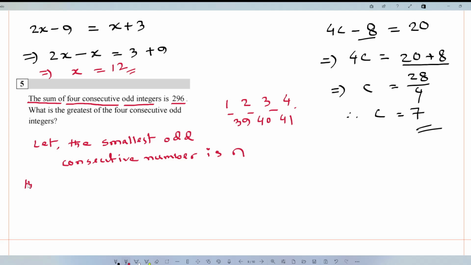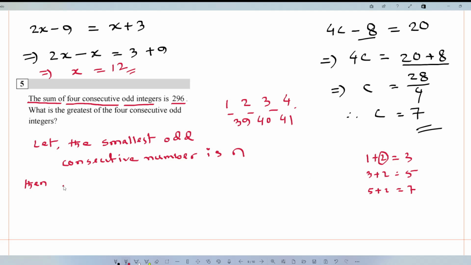Then, suppose if this is 1, the next consecutive odd number is plus 2, which is 3. The next is 3 plus 2, which is 5. The next is 5 plus 2, which is 7. So once we add 2 to any odd number, it becomes another odd number.